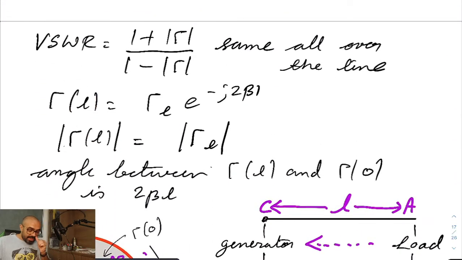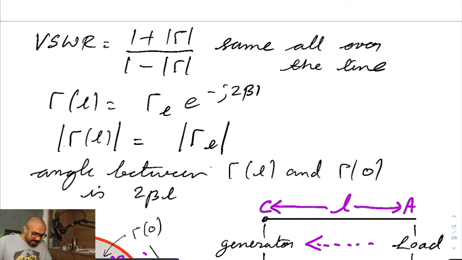The VSWR for a line is given by 1 plus mod gamma by 1 minus mod gamma, and this is a property of the line itself. So this is going to be the same everywhere on a line terminated with a given load.